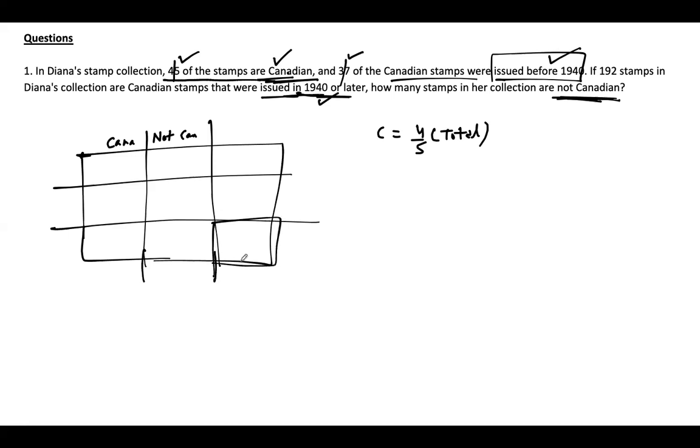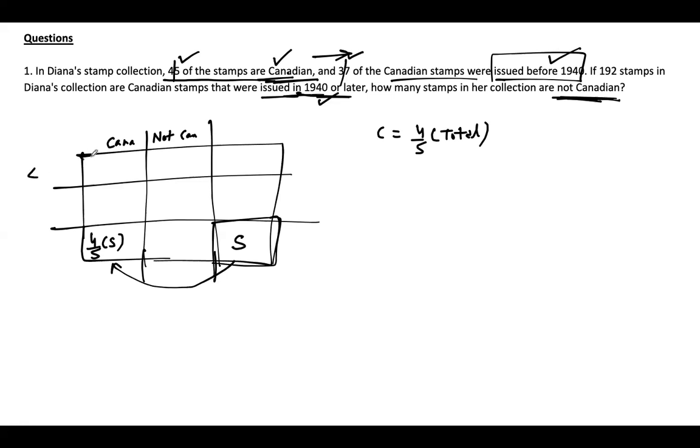So 4/5 of the stamps are Canadian. Do we know the total number of stamps? No. So this value is 4 by 5 of S. Now read the question. And 3 by 7 of the Canadian stamps were issued before 1940.